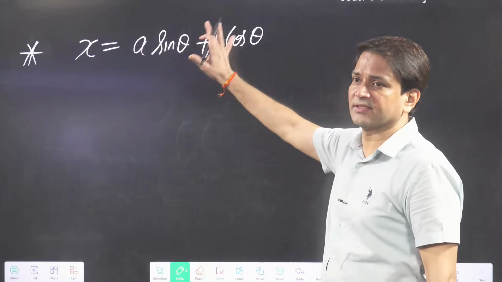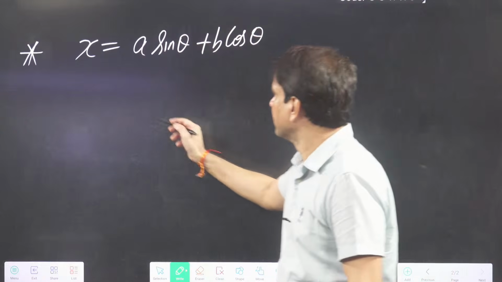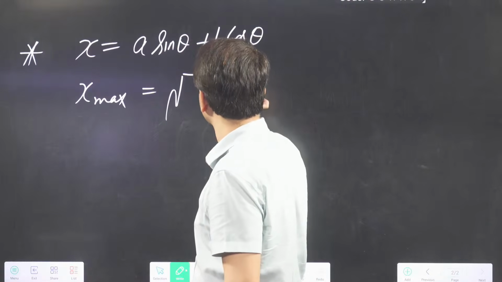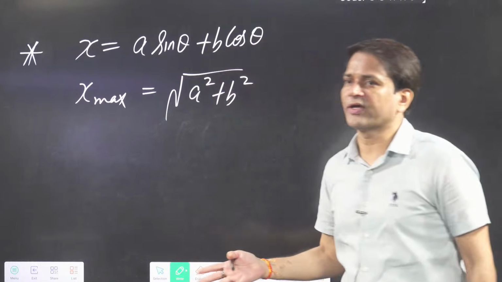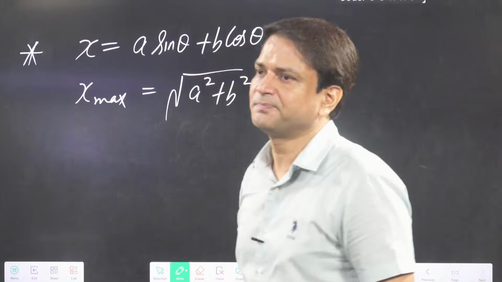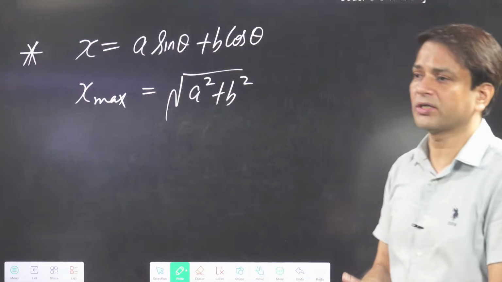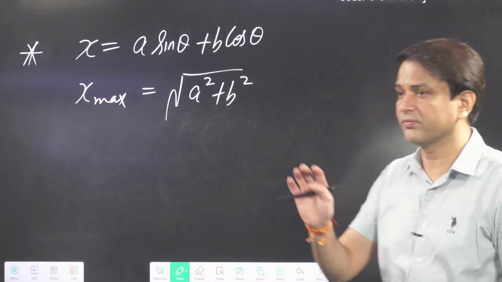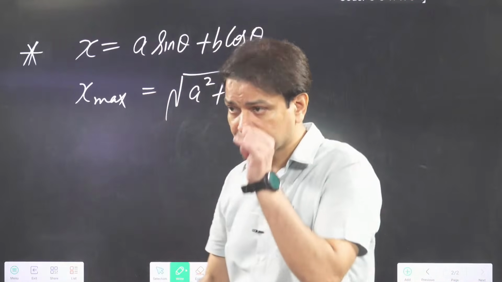Then the maximum value of x, what we will get? Under root of a square plus b square. Remember that. In the superposition of SHM, we will explain from the physics, and by mathematics also we can show. So x max is equal to under root of a square plus b square. This is the maximum value when we have a sin theta plus b cos theta. Everybody got?